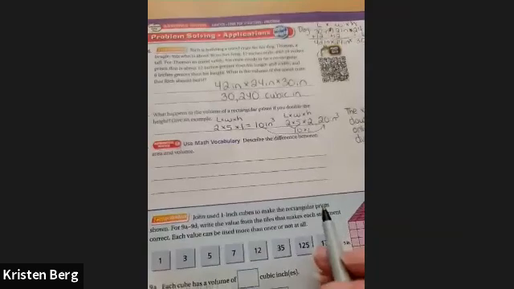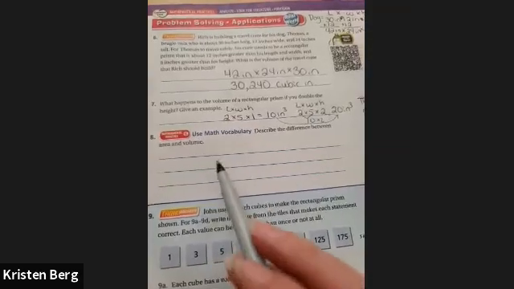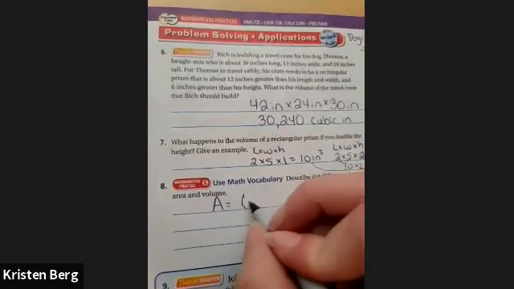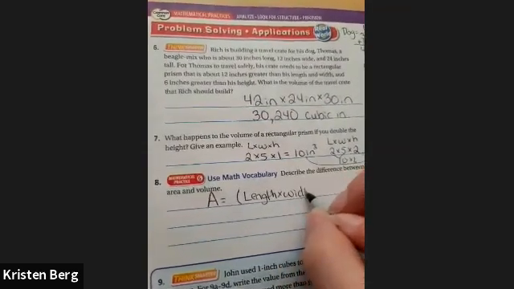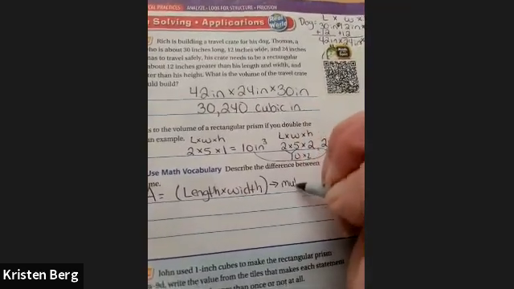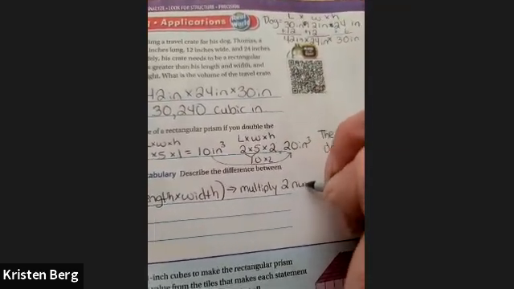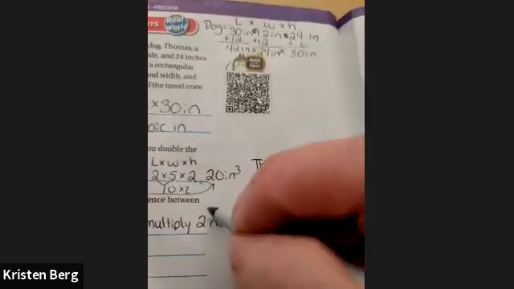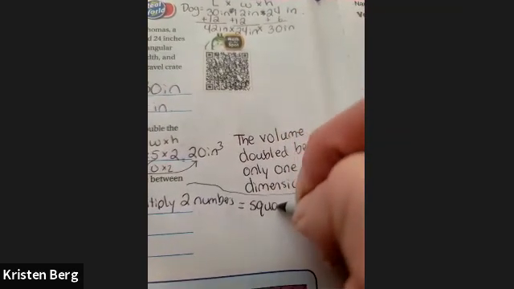All right, it says describe the difference between area and volume. Now area, remember, area of a rectangle is length times width. And you're only multiplying two numbers. So therefore, your units are always going to be square units.